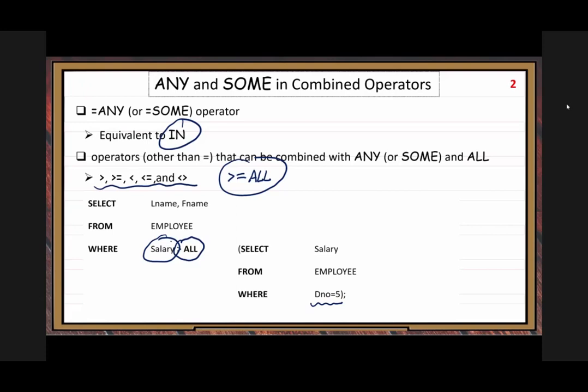If the current salary is greater than all of them, equivalent to greater than the maximum salary of the employees in department 5, then it's true, so you return that employee's information. All right, so this is our simple example.